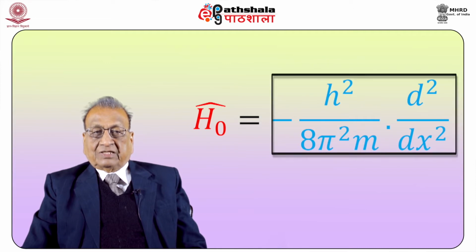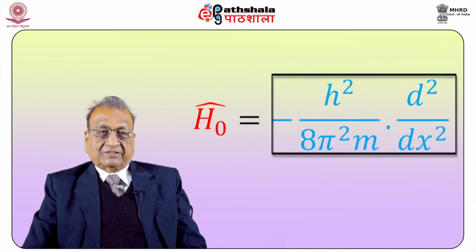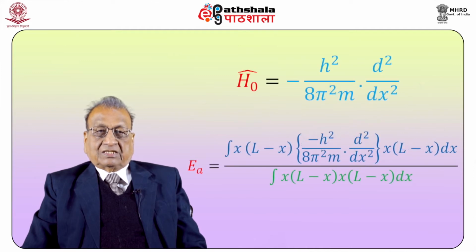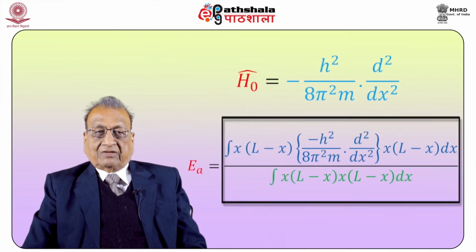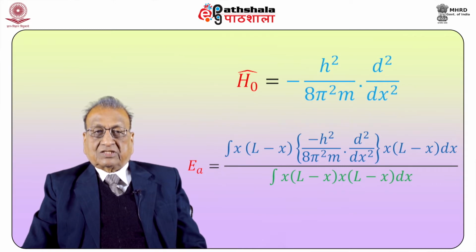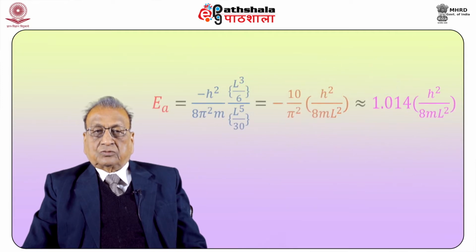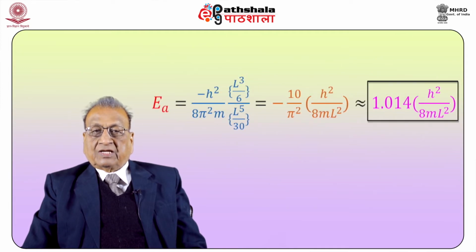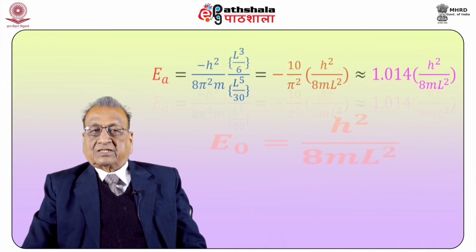Now, writing the expression for the energy, we obtain this expression, and when we solve this equation, we note that this gives us energy equal to 1.014 h square over 8 m L square, where we know when we exactly solve the Schrodinger equation for this problem, we find that the ground state energy is equal to h square over 8 m L square.